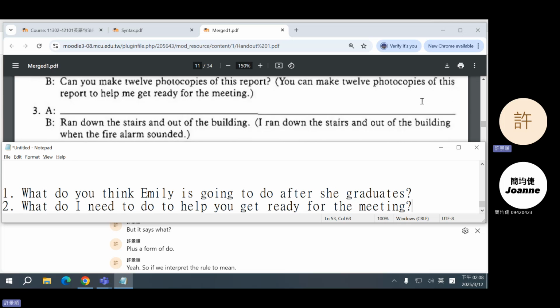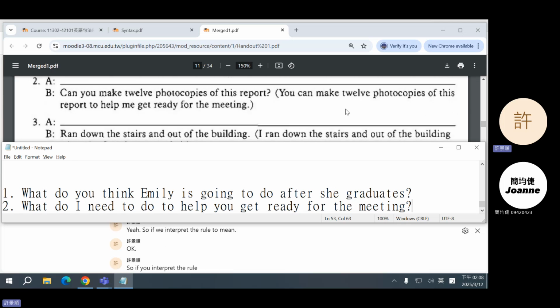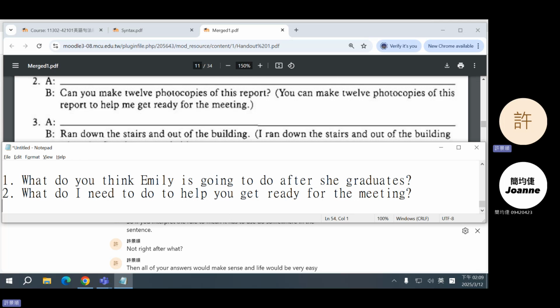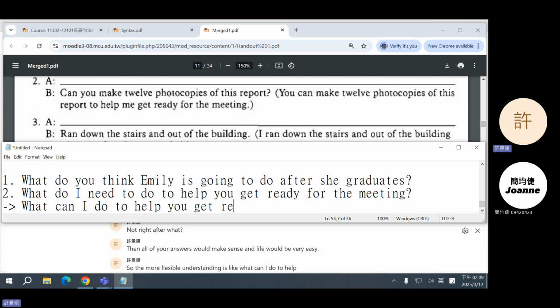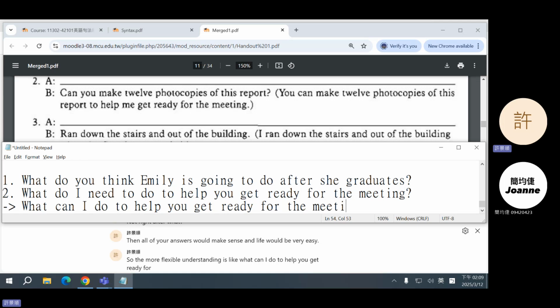So if you interpret the rule to mean it has to use do somewhere in the sentence, not right after what, then all of your answers would make sense and life would be very easy. So the more flexible understanding is like, what can I do to help you get ready for the meeting?